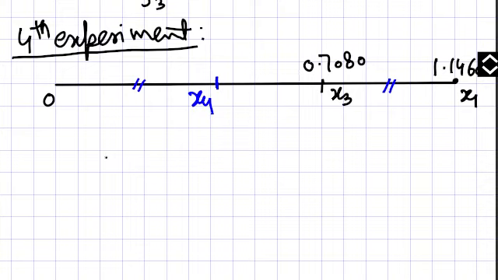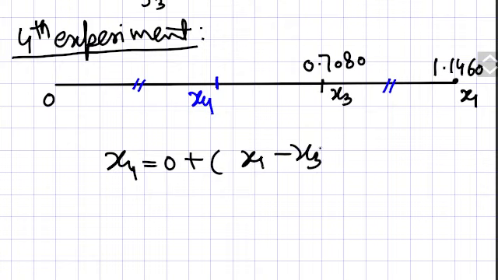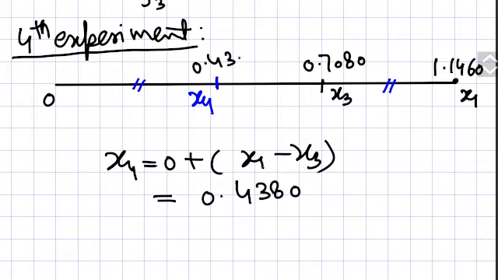So x4 will be 0 plus that distance, which is x1 minus x3. You can calculate it yourself, and you will find that this point is 0.4380.